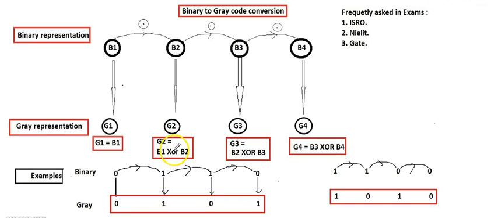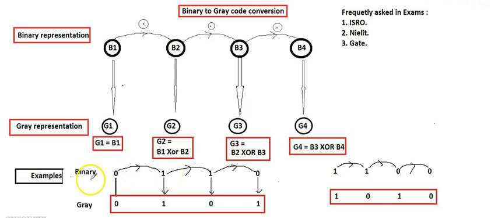I will talk about the XOR operation later in this video. I can give you two methods for XOR so that you can easily find the XOR operation between two bits. G3 is equal to B2 XOR B3 and G4 is equal to B3 XOR B4.